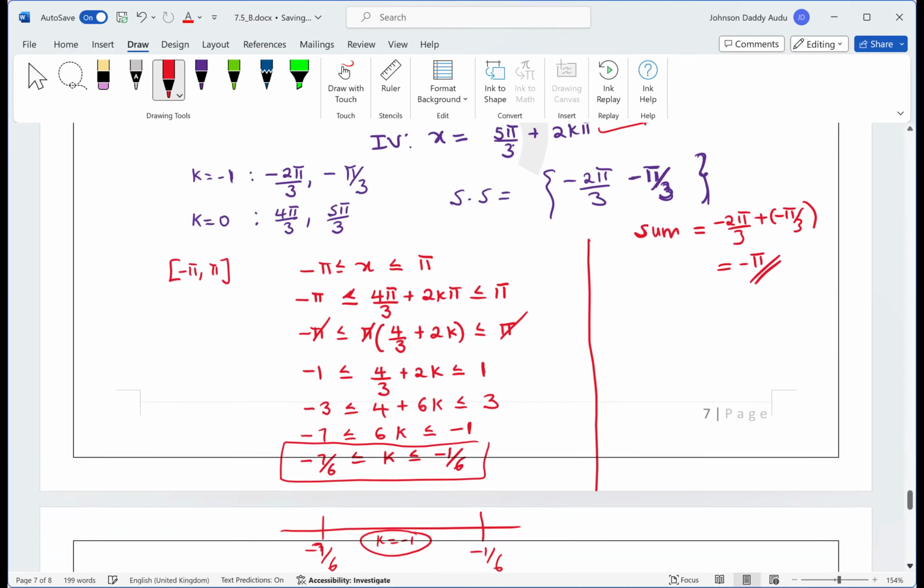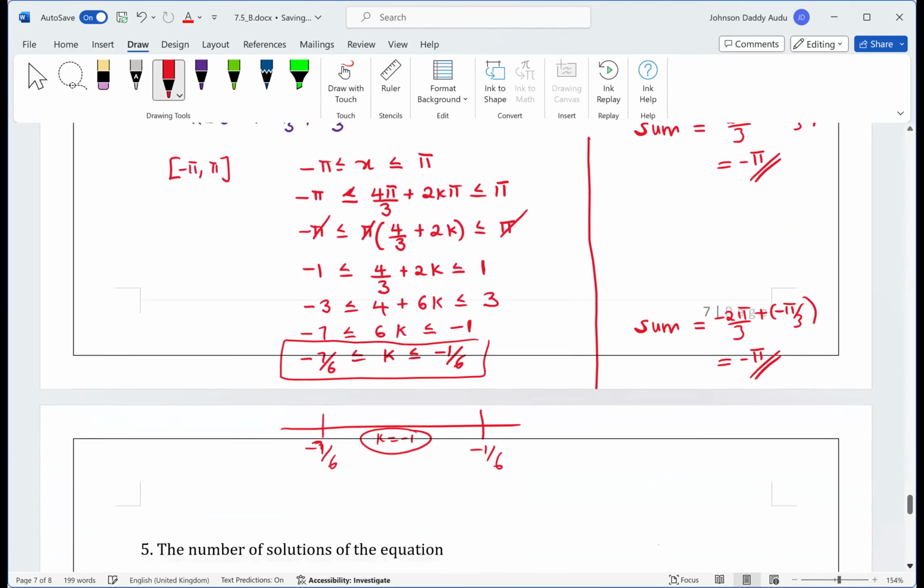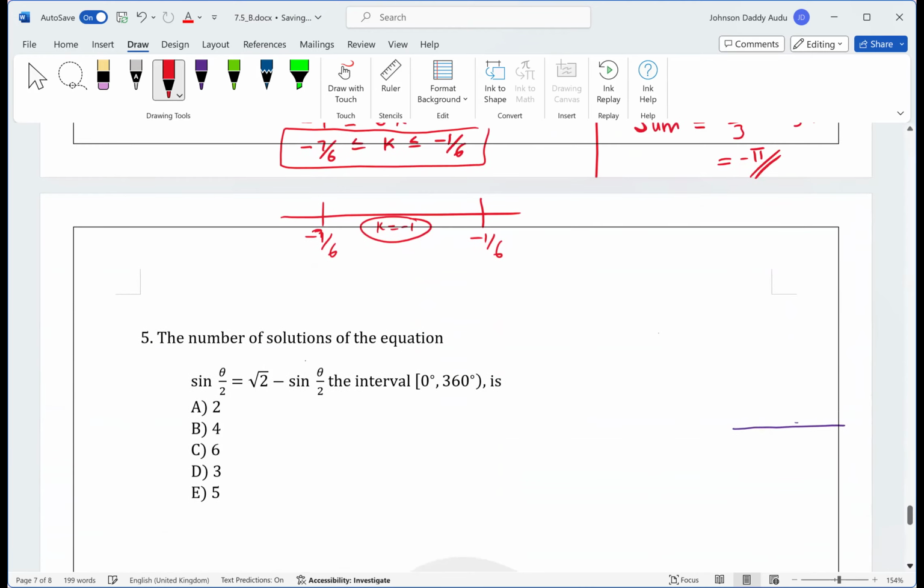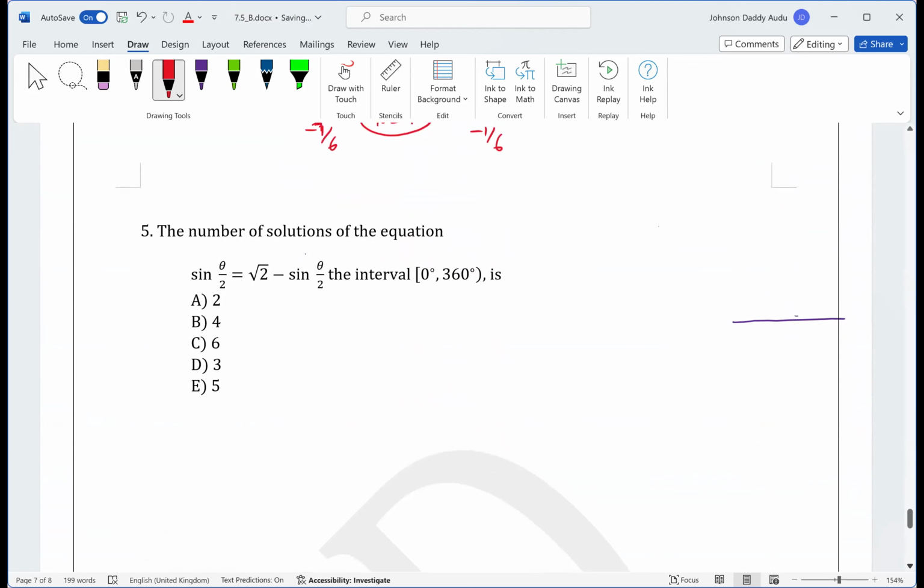Now let's take the last question here. It says the number of solutions of the equation, this. All right. So you have sine theta over 2 is equal to root 2 minus sine theta over 2.